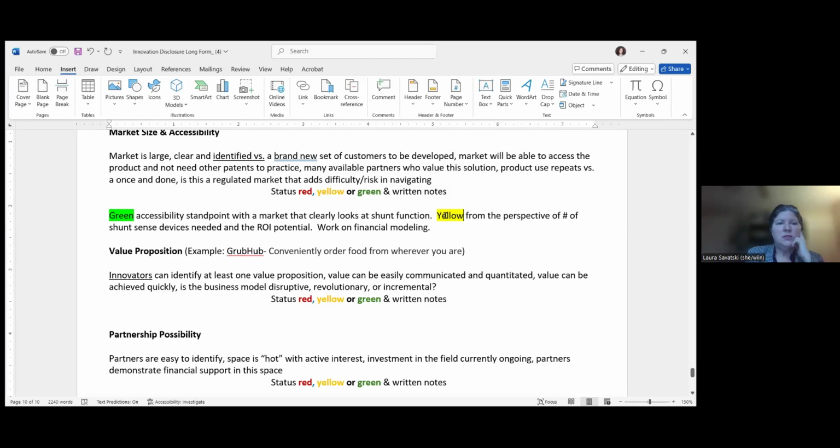Okay, so it was green because this market is clearly developed and people clearly have an interest in looking at shunt function. Sometimes inventors create what I call this field of dreams scenario.